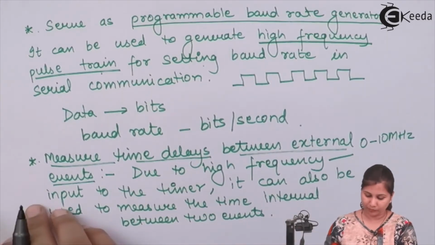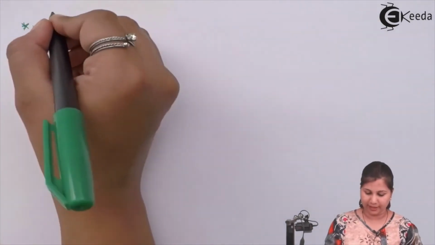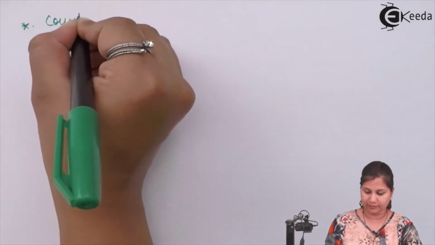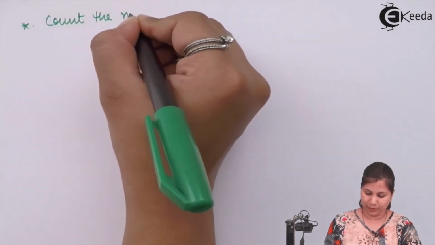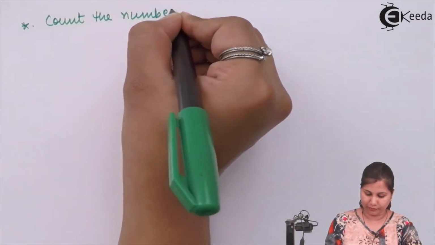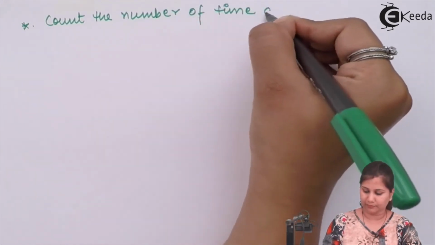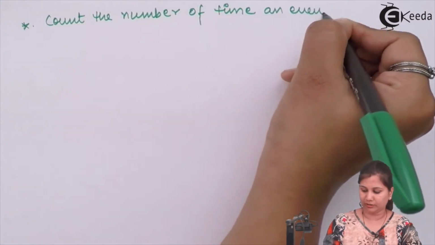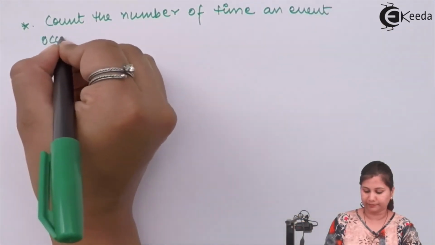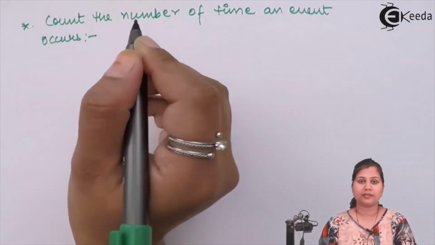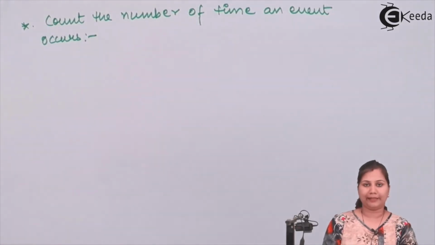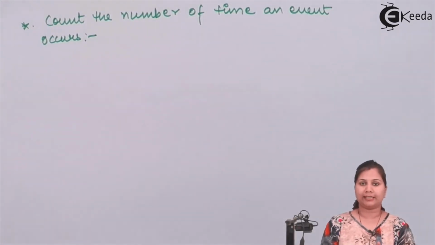Then the fifth application is to count the number of times an event occurs. The most common application of 8253 is timing and counting operations.